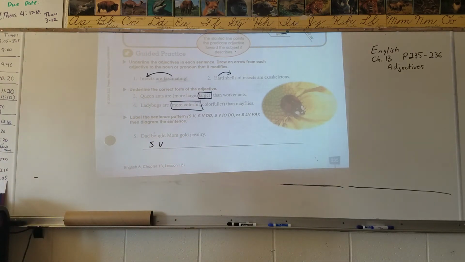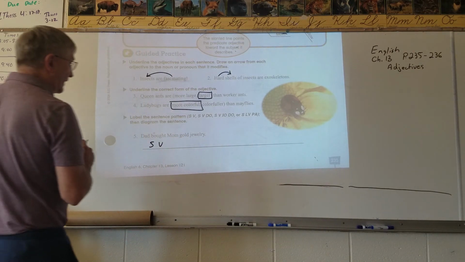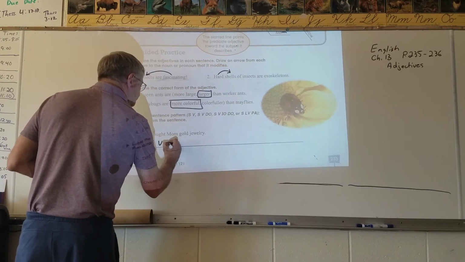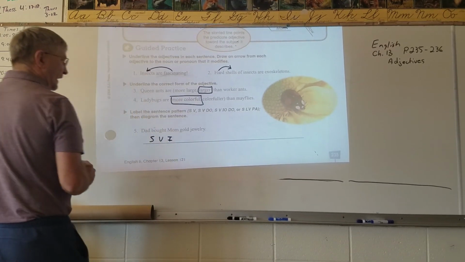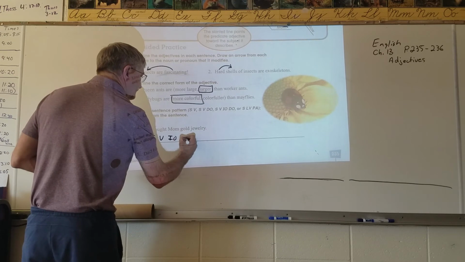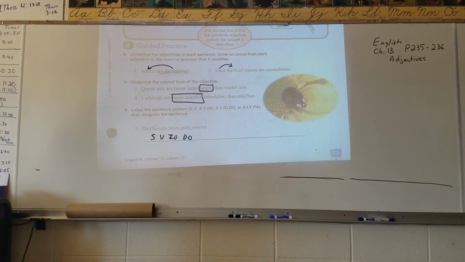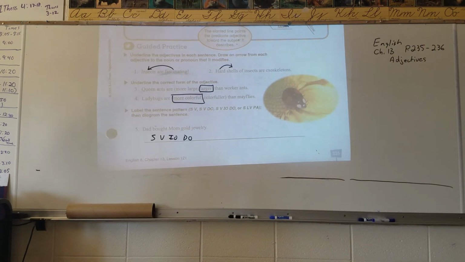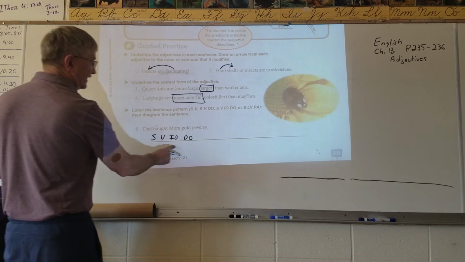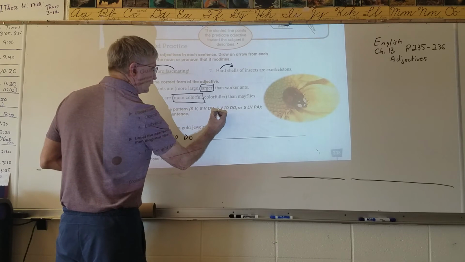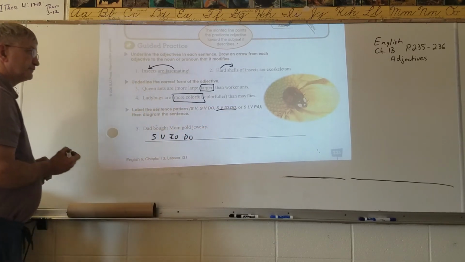Okay, and don't forget, in this case, you have the IO of Mom and the DO being jewelry. So you have the sentence pattern SVIODO, which is the third one.